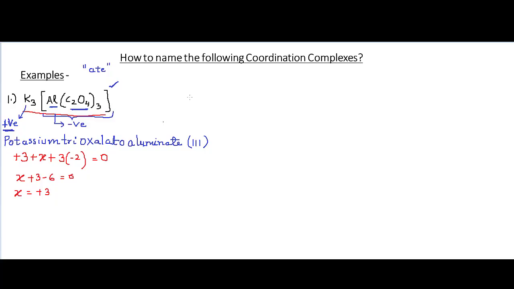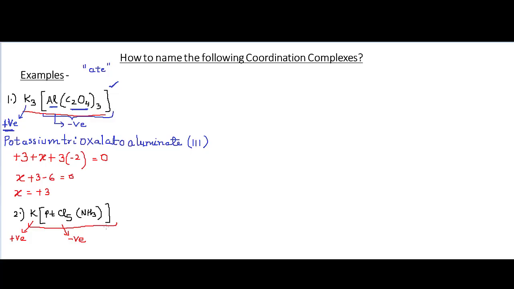Okay, now let us move on to the next example. I have written this second example here. The second example is K[PtCl5(NH3)]. The potassium part is positive, and the coordination sphere is negative, again just like the first example.